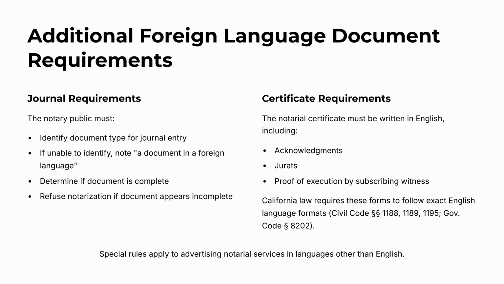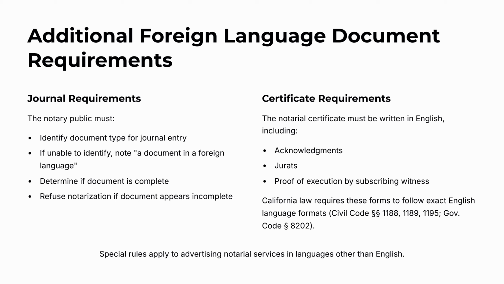The notarial certificate in a foreign language document or attached to a foreign language document, e.g., the acknowledgment, jurat, or proof of execution by a subscribing witness, must be written in English. California law requires these forms to be followed exactly, and they appear in California law in the English language.